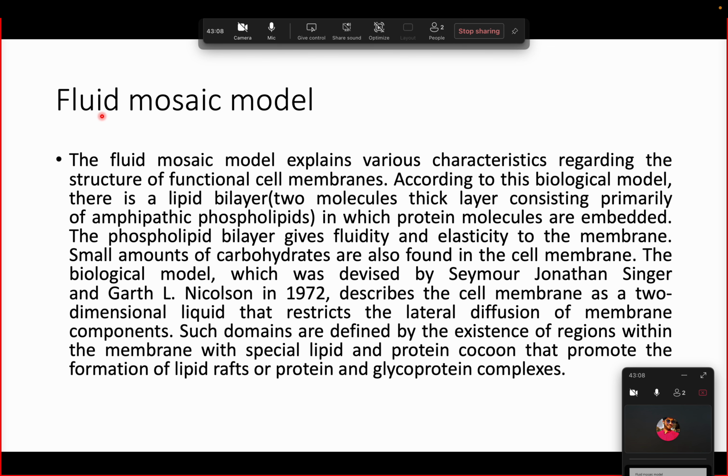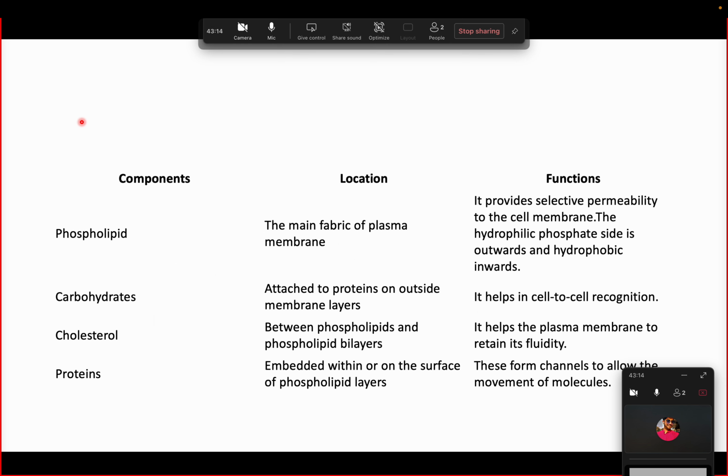First we'll see what were the experiments which actually said that the membrane is fluidic in nature. Before understanding that, these are the basic components of a cell membrane. I hope that I'm repeating it so many times that you might be saying this even in your sleep, right? There are four major components of a cell membrane.